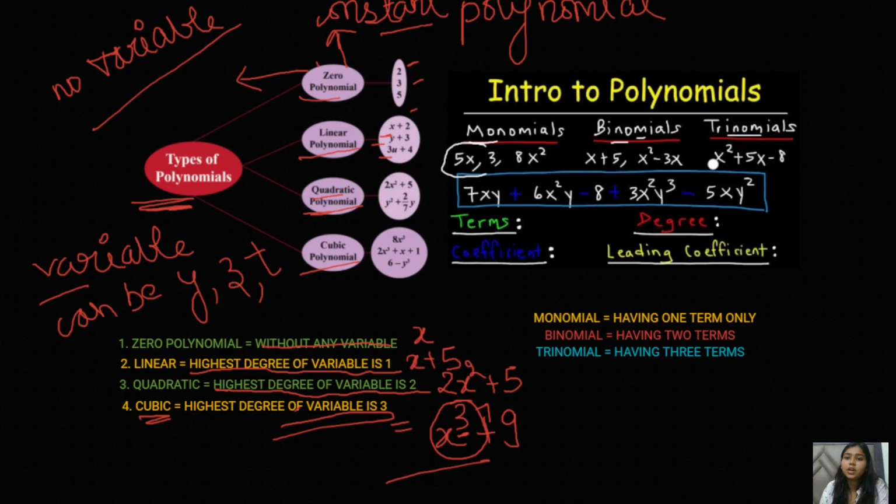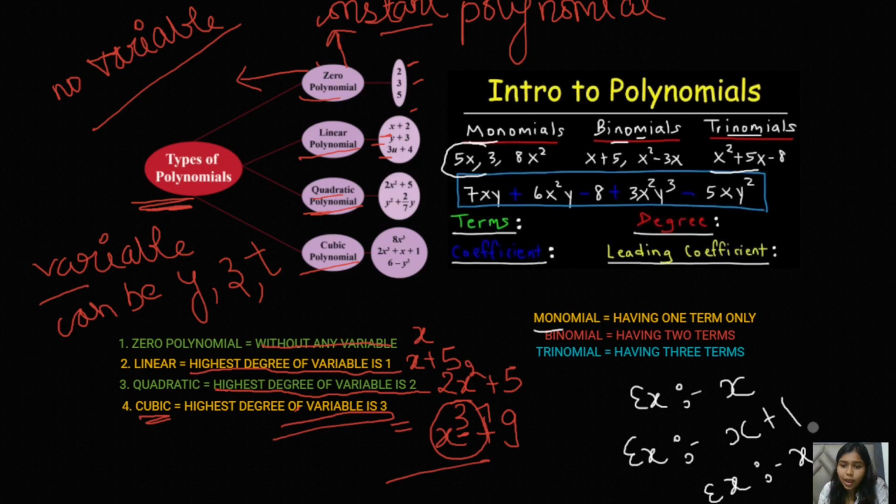Let's just have a look on the examples. Example of monomial can be x itself. Then example for the binomial can be x plus 1. Example for the trinomial can be x square plus 2x plus 1.